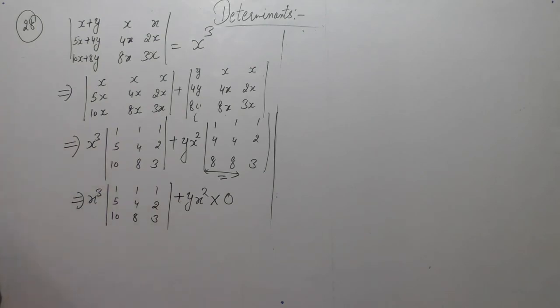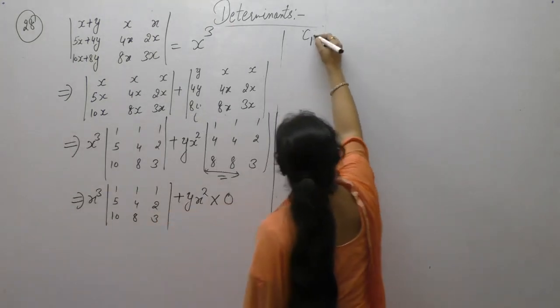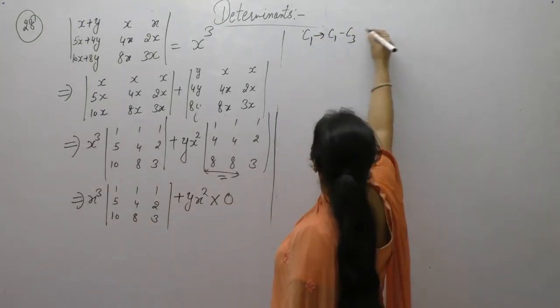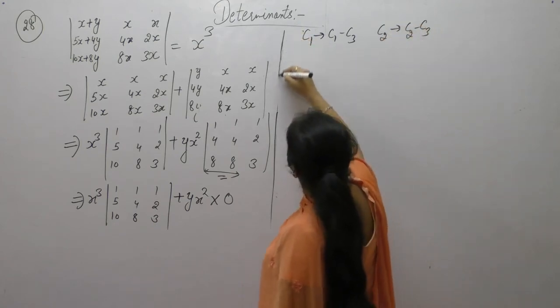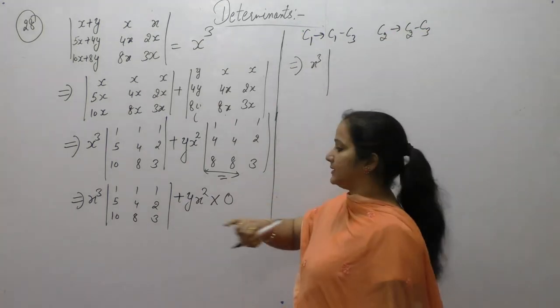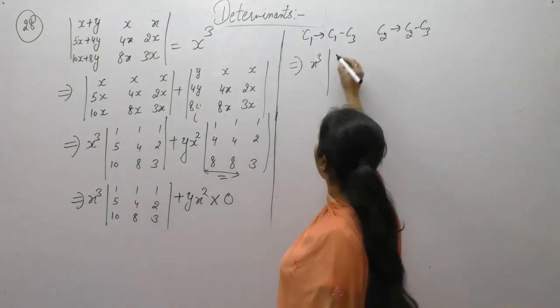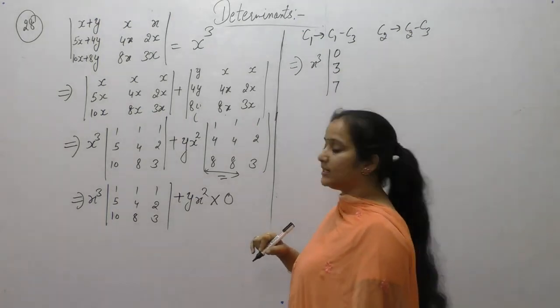Now in the next step, operate C1 as C1 minus C3 and C2 as C2 minus C3. So x cube, C1 minus C3, 1 minus 1, 5 minus 2, 10 minus 3. C2 minus C3.